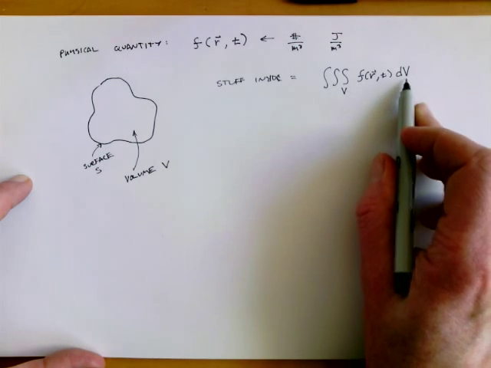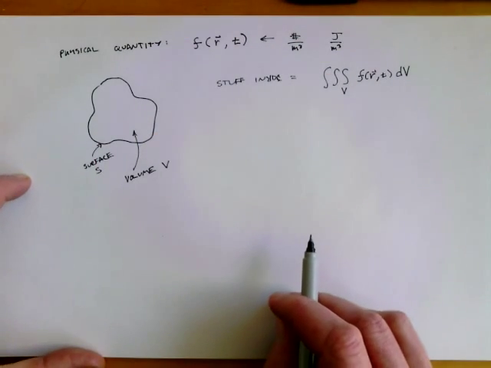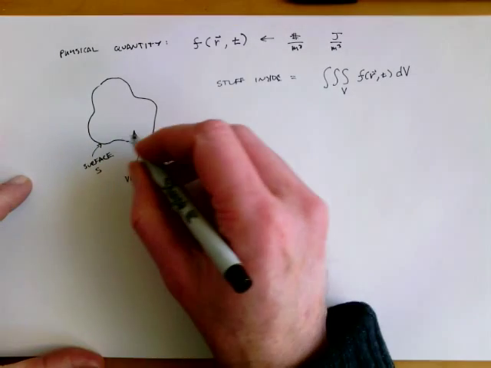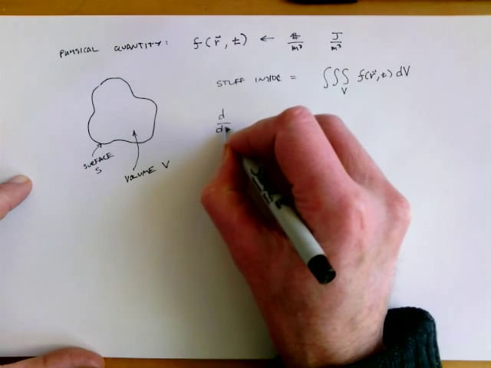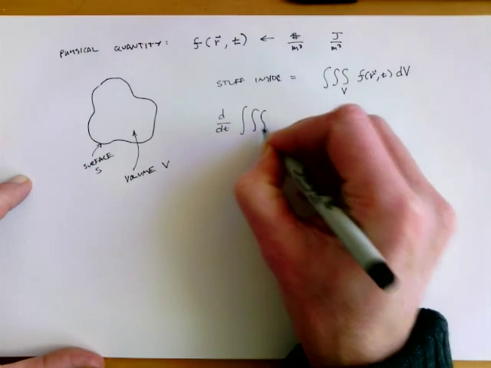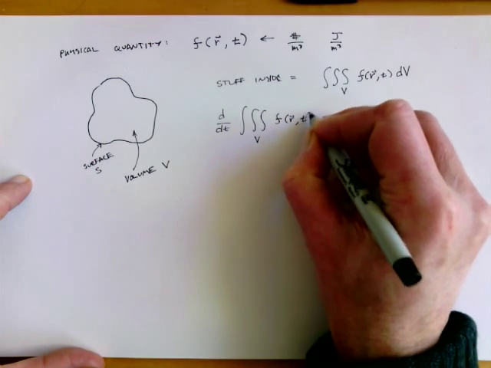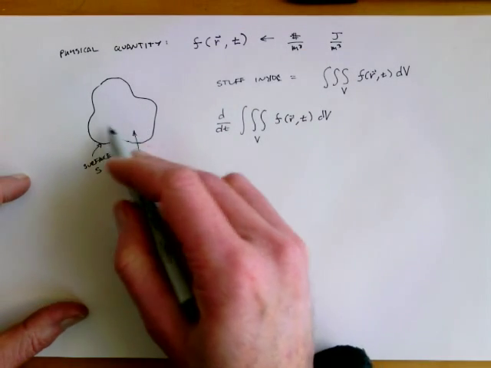This has units of meter cubed, so this tells me, say, how many particles are inside of this volume. So that's how we could figure out how much stuff is inside of it. If we wanted to ask how fast the stuff inside is changing, well, obviously we could take a time derivative of that. So the time derivative of that would tell us how fast the amount of stuff inside was changing.